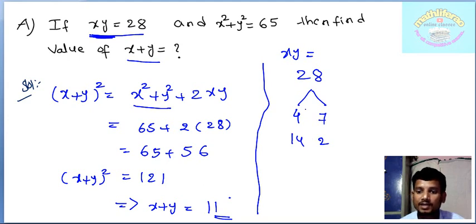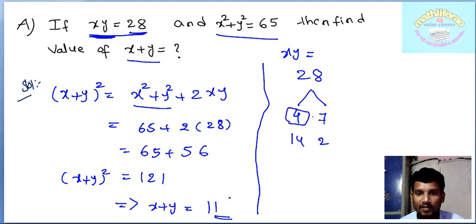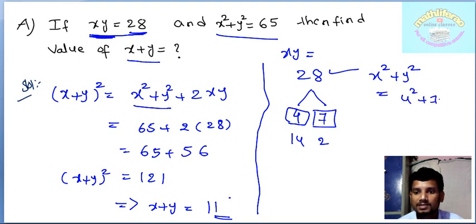Now satisfy the two conditions. First one, xy equal to 28, and satisfy this condition, x square plus y square equals 65. Let us consider here xy values 4 and 7. So x into y is 28, satisfied. x square plus y square values are 4 square plus 7 square. 4 square value 16, 7 square value 49, equal to 65.